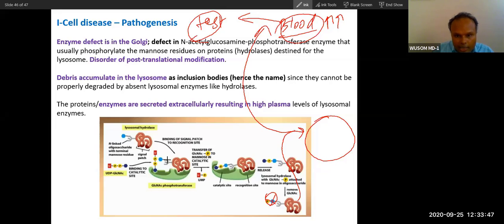This is a post-translational modification. If this enzyme is deficient, this post-translational modification will not happen and the lysosome will be empty. The enzyme is secreted extracellularly into the blood, and that is why there is a high plasma level of lysosomal enzyme. So this can be used as a diagnostic test.